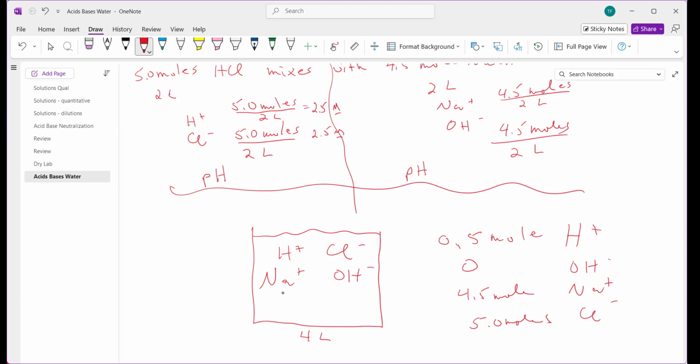So what's the pH of our starting solution? Get your calculator out. Do the log of 2.5. So the pH is going to be equal to negative 0.4.